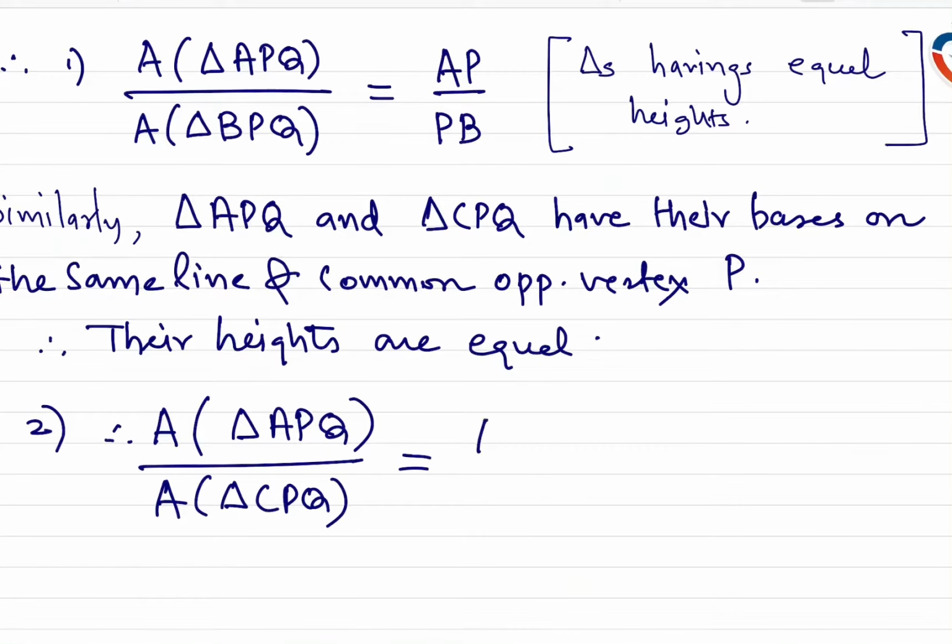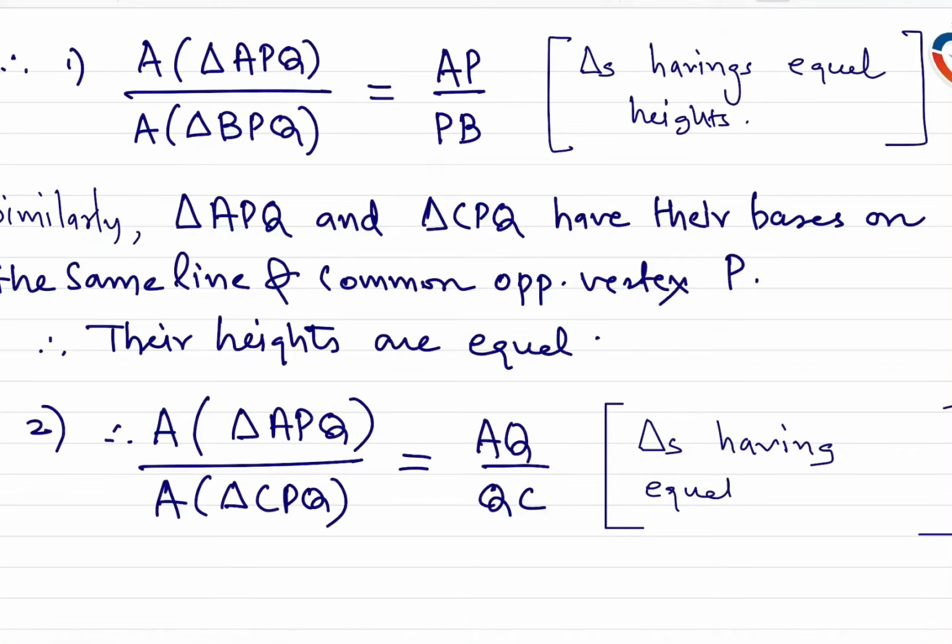So you get AQ upon QC. The reason is triangles having equal heights, or areas are proportional to corresponding bases. So I'll write triangles having equal heights. Okay.